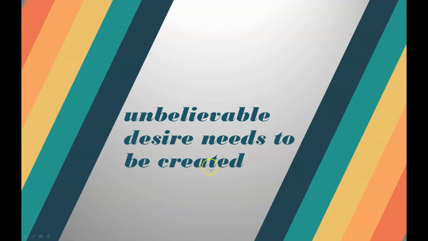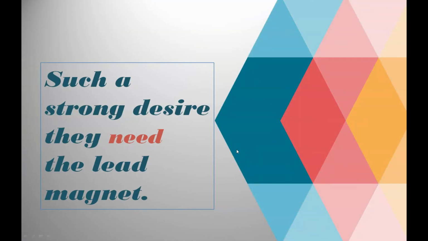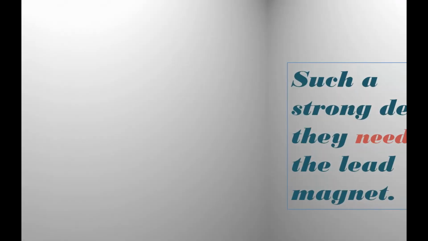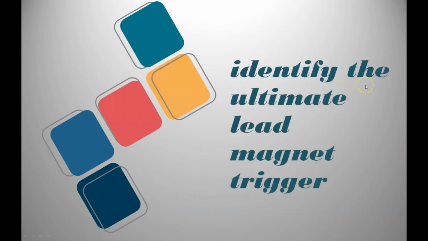And as you do that, it creates such a strong desire that they need the lead magnet. You have provided that need. The need for the lead magnet is provided by the click to action calling that you've given them, to identify what it is they want.